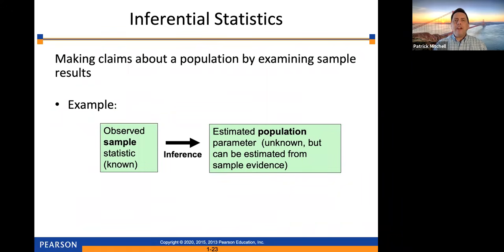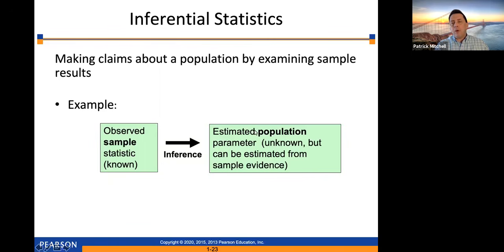All right, inferential statistics, again, is making claims about a population by examining sample results. So for example, you have an observed sample statistic. Let's say that I ask 100 students, how do you feel about online classes? And 60% of them say they like them. The inference would be an estimated population parameter.